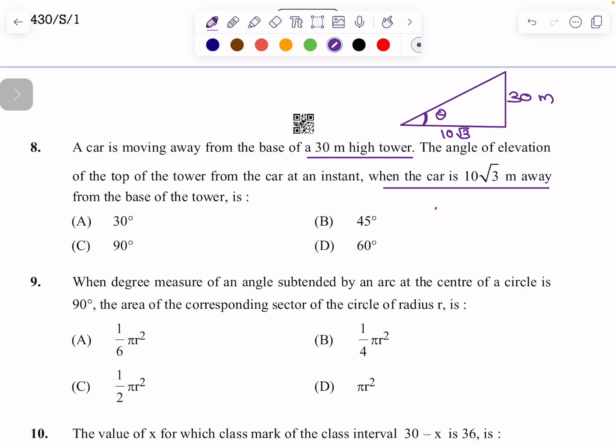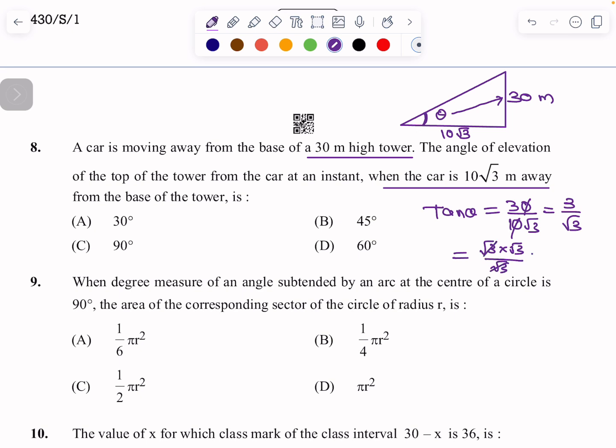So tan theta equals opposite side to the angle theta, that is 30, over adjacent side, 10√3. Here the zeros cancel, and we get 3 by root 3. How can we write this? 3 we can write as root 3 into root 3, by root 3.